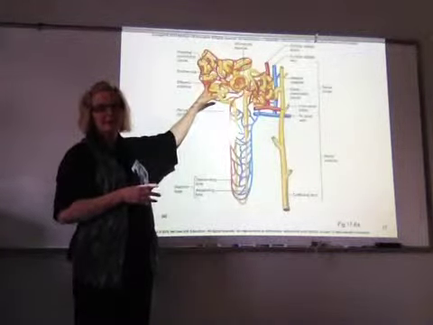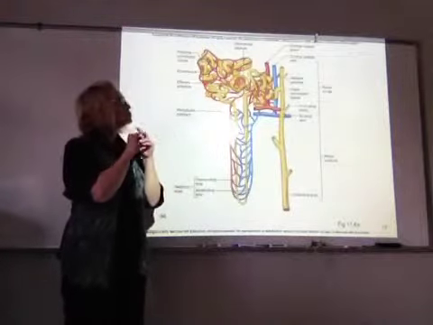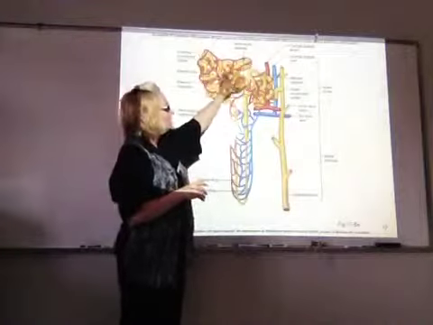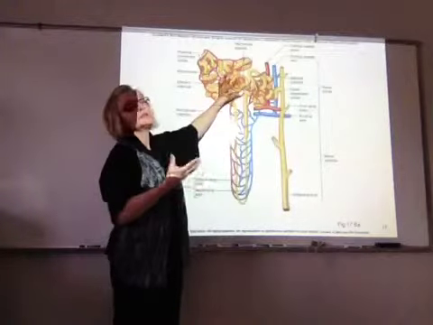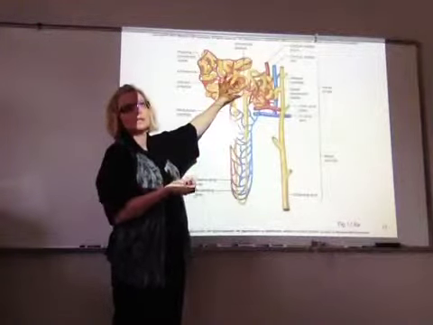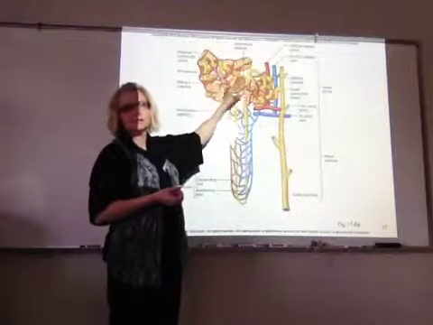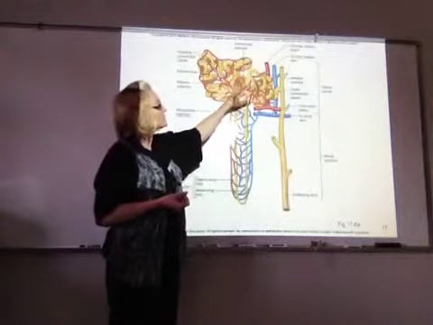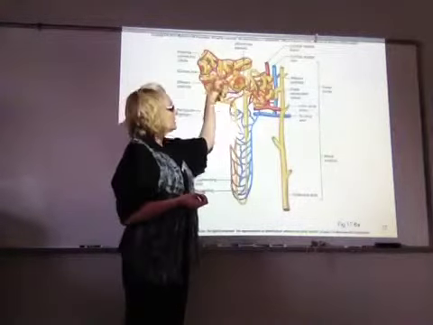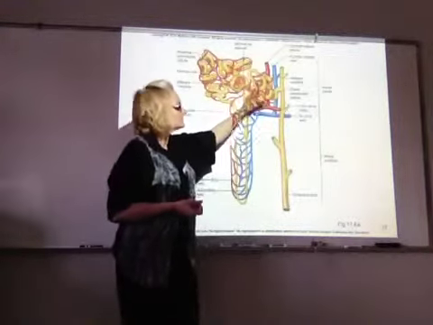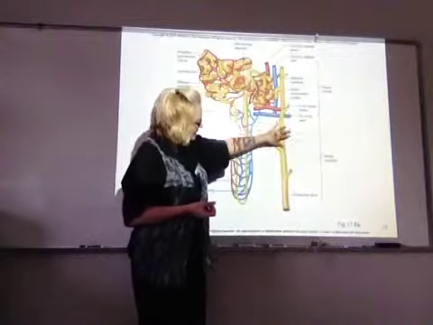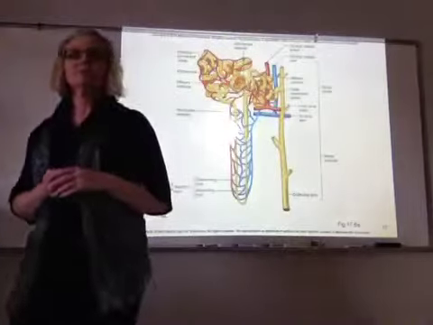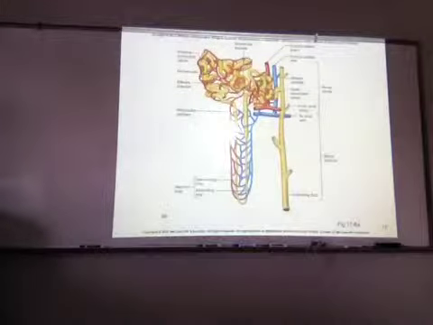There's tons and tons of little tubes, and here are all these arteries and blood vessels where that filtering is going to take place. Once it's filtered in this nephron, it goes through a series of tubules and eventually drains through this collecting duct.